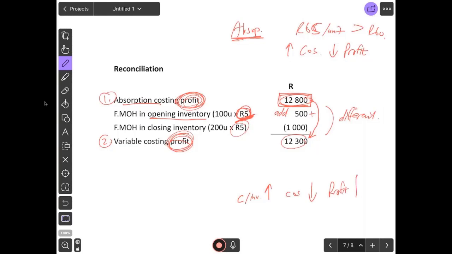So absorption costing profit is higher because of our closing inventory R5 included in there. So we have to deduct it to get it out. So we remove it from our absorption costing profit because it increased our profit because it was in closing inventory, which is deducted from cost of sales. It sounds very complicated, but once you figure this out, you can never forget it again. And that will give us our variable costing profit.